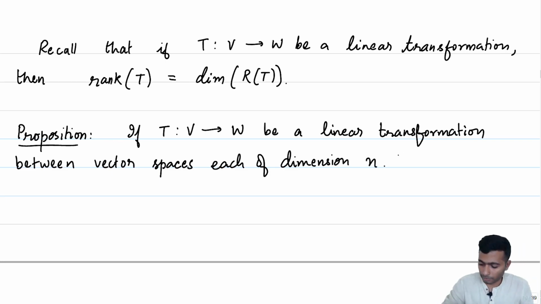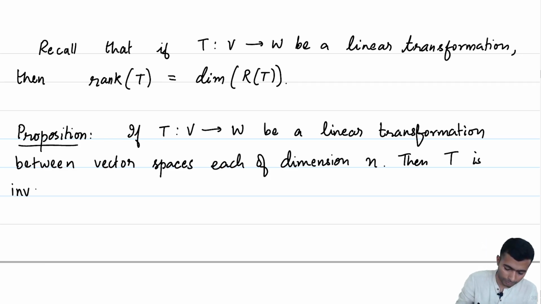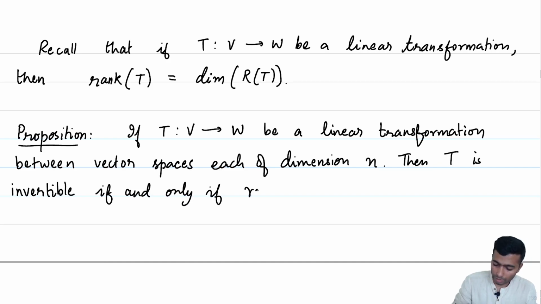Then T is invertible if and only if the rank of T is also equal to n.